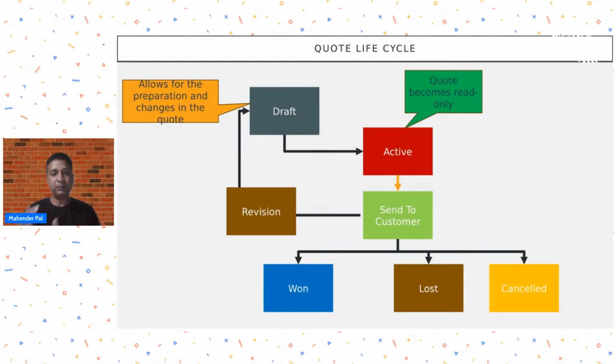But apart from won, if due to some reason they are no longer interested, or maybe there are other reasons, the quote can also be lost here. Which means they are not interested in our product and we are not going to proceed to the next stage. So then the quote is lost.